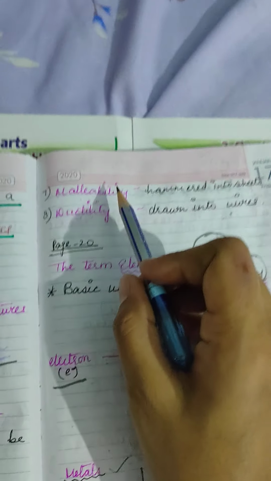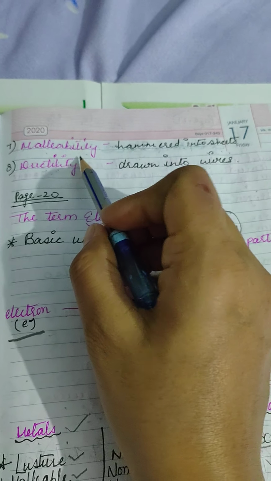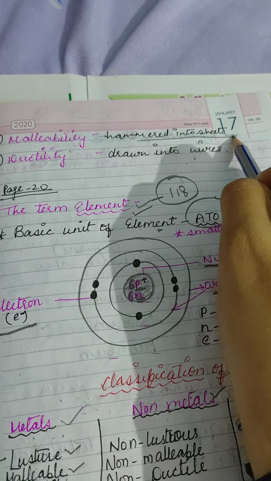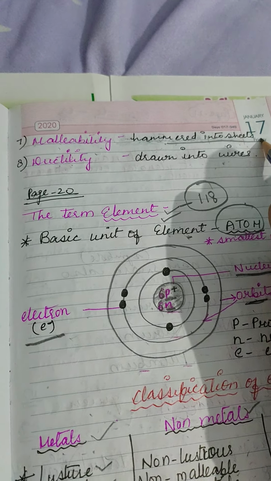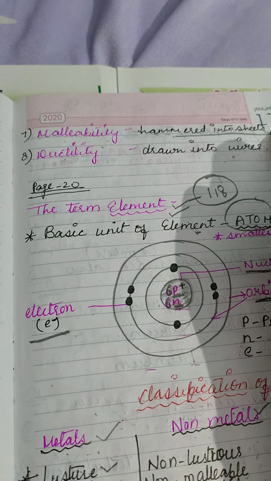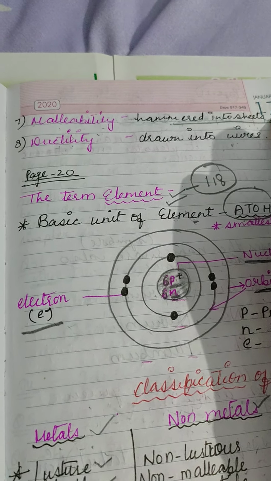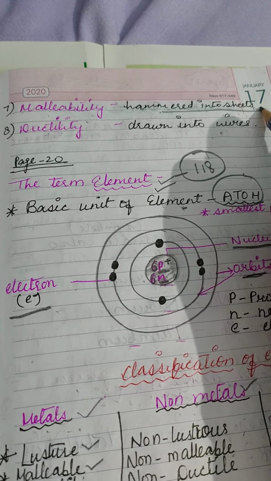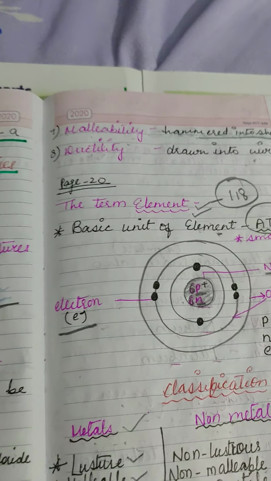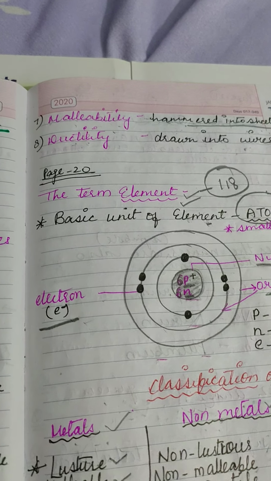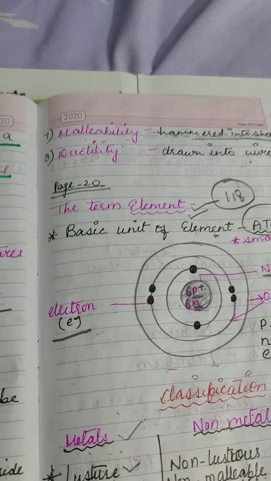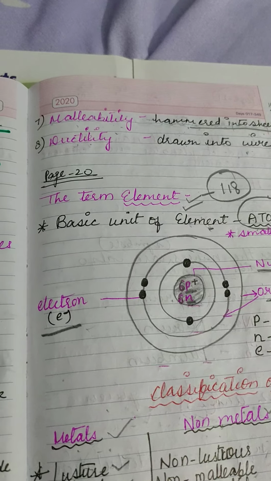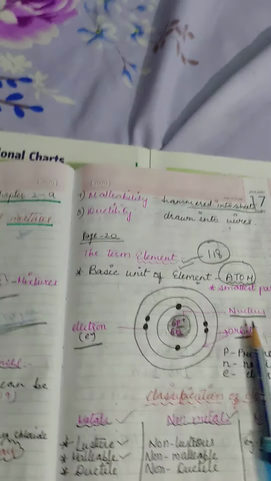Next property is malleability. Malleability means when any substance could be hammered into sheets, right? आपने एल्यूमिनियम फॉइल्स देखी हैं, आपने आयरन शीट्स देखी हैं, पतली पतली शीट्स, जिनसे हम बहुत सारी चीज़ें, आपकी कबर्ड्स बनी होती हैं एल्यूमिनियम की, आयरन की। आप जो एल्यूमिनियम फॉइल यूज़ करते हो, that is also aluminium. But it is not present in the earth in the same way, right?